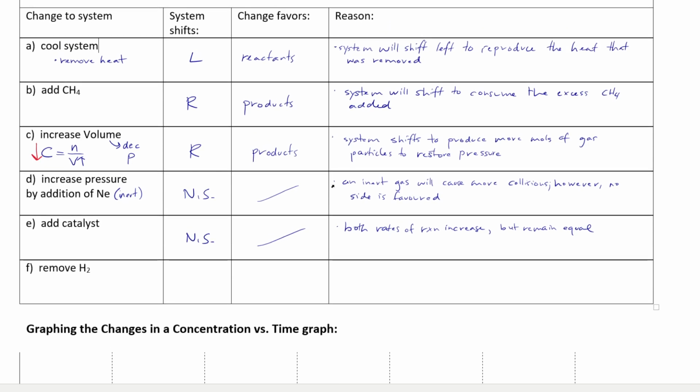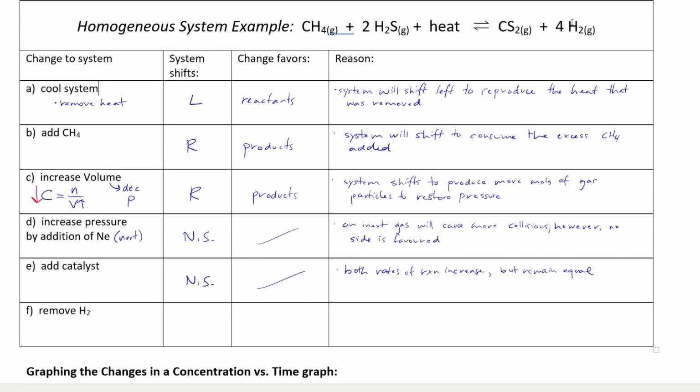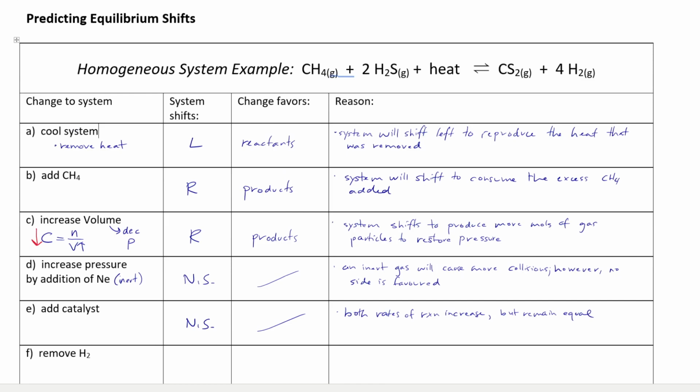Now, if you removed H2 gas, I'll go back up here. If you take out H2 gas, the system is going to shift right to produce more H2 gas, because producing more H2 gas reverses the change that was imposed, right?